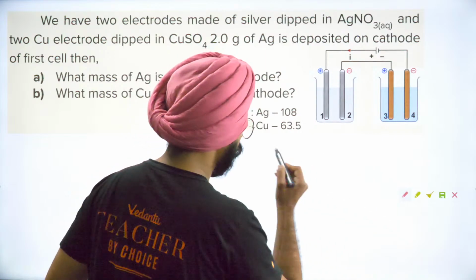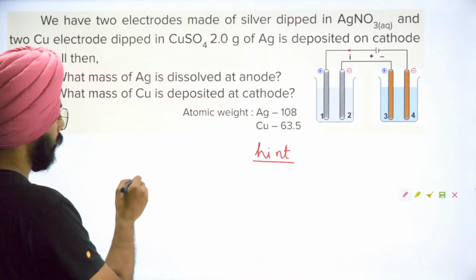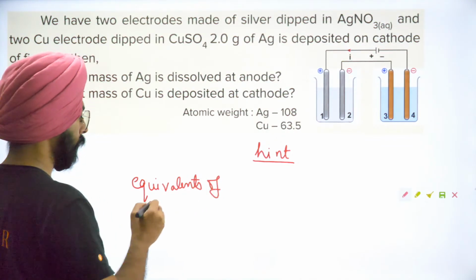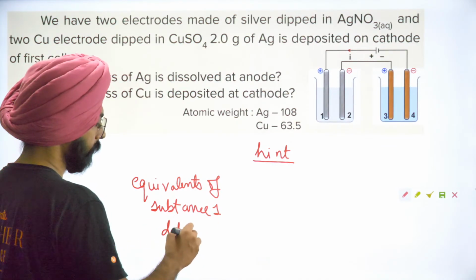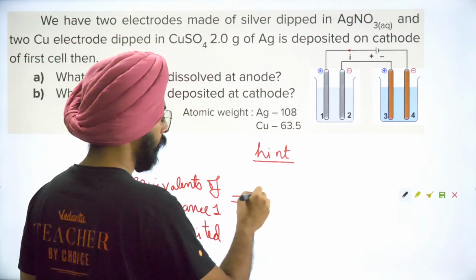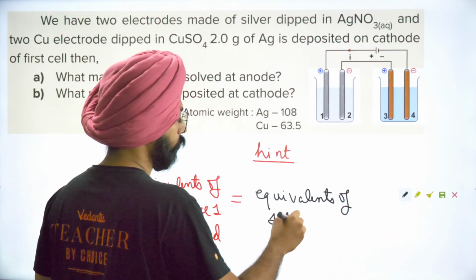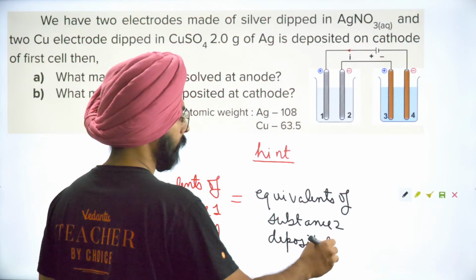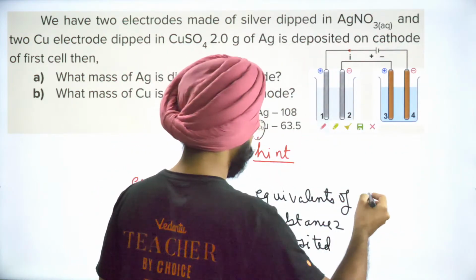I'll give you the hint over here. Equivalence of substance 1 deposited in this particular setup is going to be equal to equivalence of substance 2 that are deposited, which is equal to, you can have n number of substances like this. चलते जाओ, ऐसे करते जाओ.